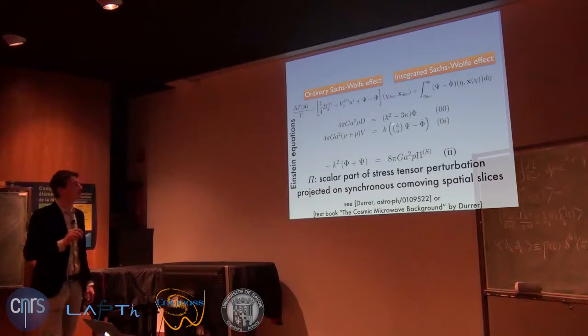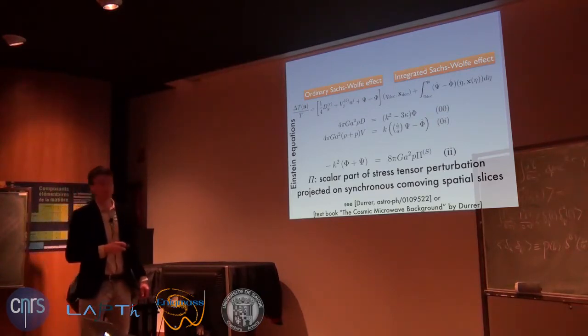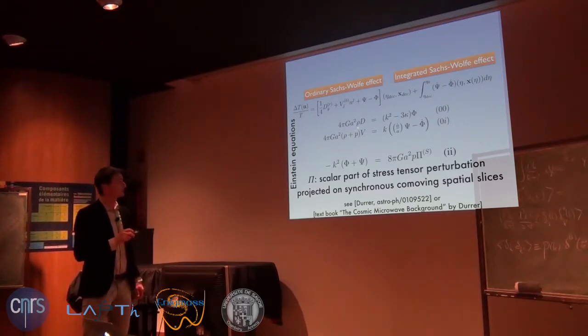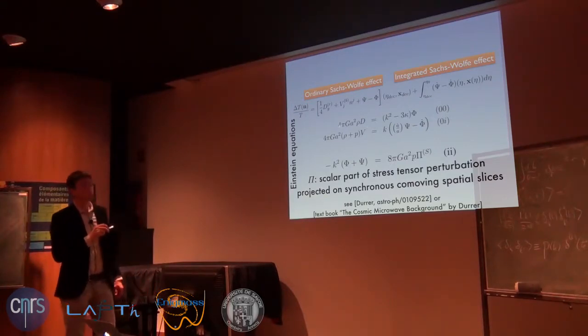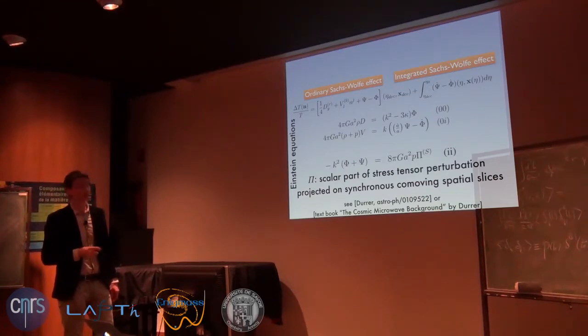So we have the gravitational potential on this side of the Einstein equation, and on the other side we have the energy perturbation that comes from the 00 component of the stress-energy tensor. Rho is the average density, and capital D describes the density perturbation, just like in this equation. Capital D describes the density perturbation of the photons. So this is the Poisson equation. That's all it is. But it comes from linearizing the Einstein equations.